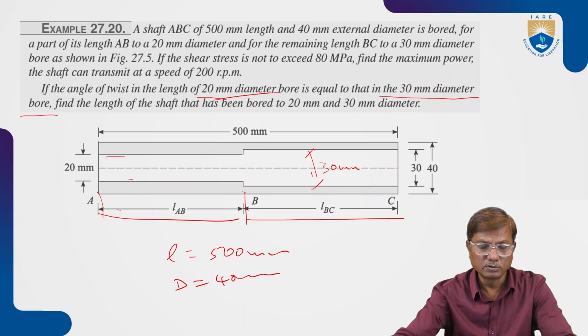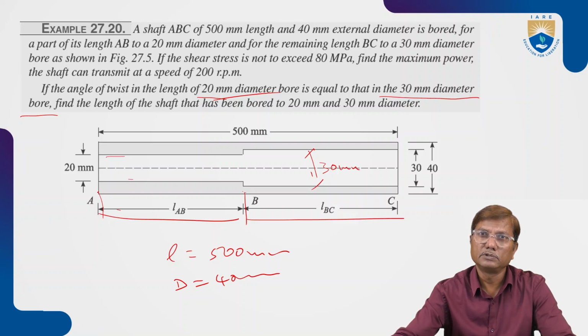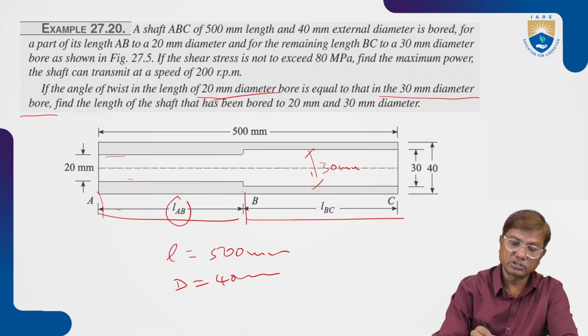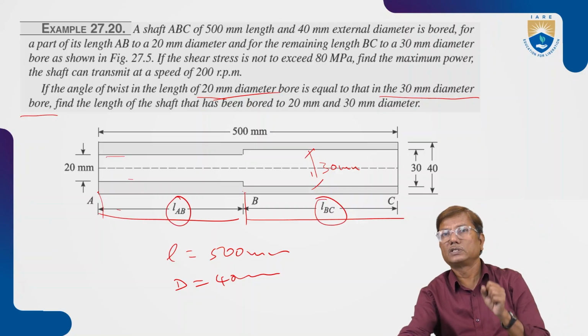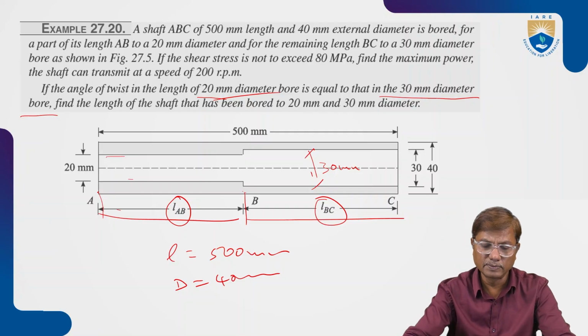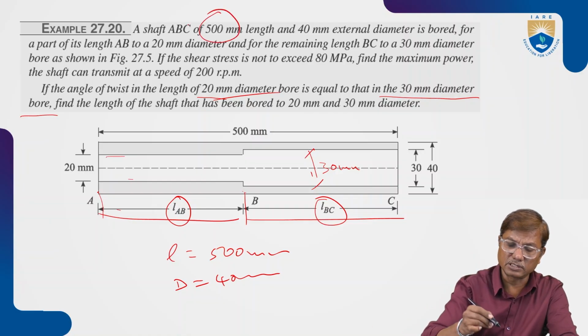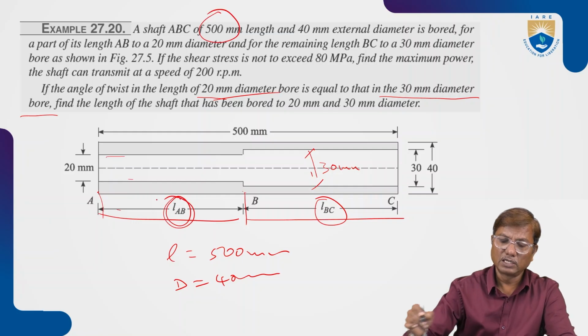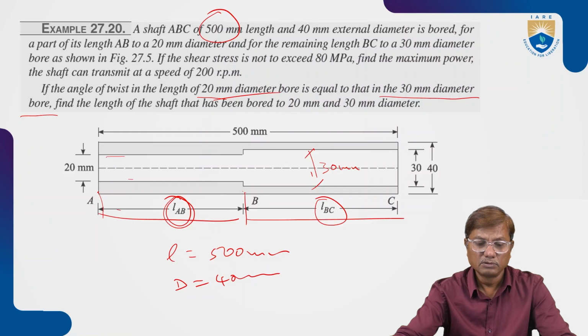If it is so, then find the lengths of the shaft that have been bored 20 mm and 30 mm diameter. So find the length of shaft in which the 20 mm bore is made, and what is the remaining length. The total length is 500, isn't it? So if you find one length, that will be sufficient, because the remaining we can get. Okay.